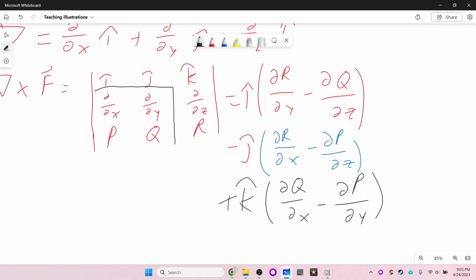So for instance, this last one, k, if we have the k vector, this piece here is talking about how x and y interact. So you would have something like this, a little rotation around the k plus direction, or the z-axis.